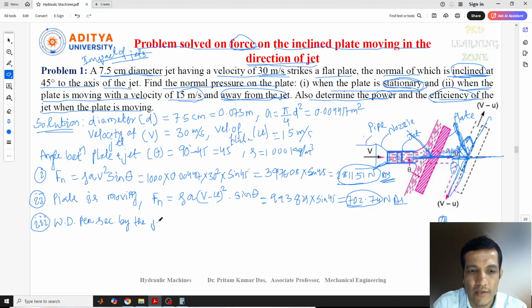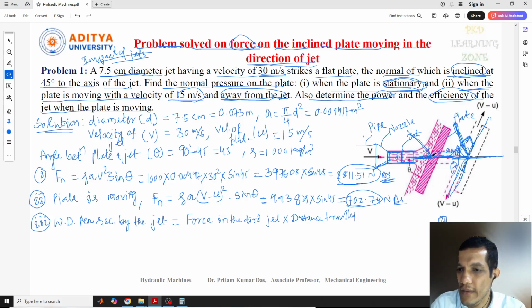You can write this. The formula is nothing but equal to the force in the direction of jet, into the distance traveled by the plate in the direction of z.